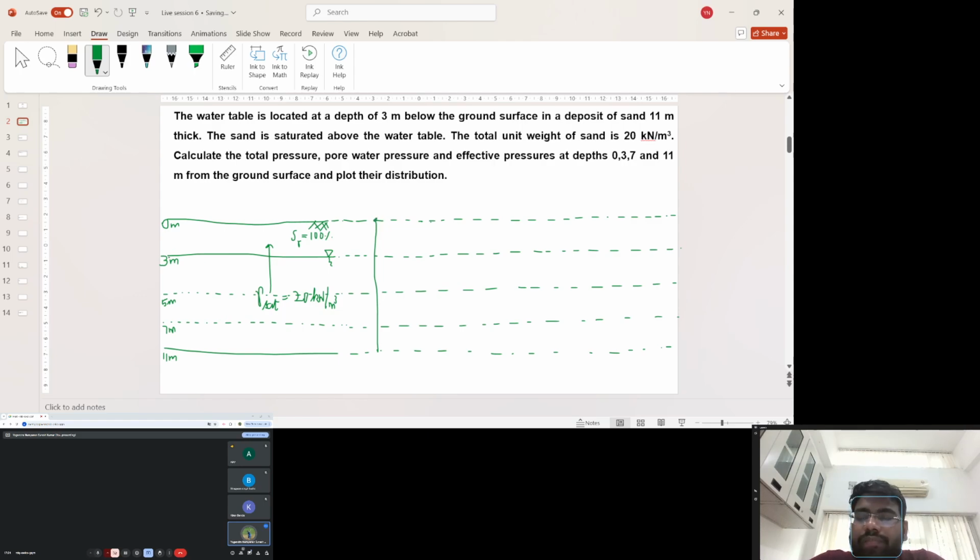At 0, it is 0, right? Now coming to 3, total stress will be gamma sat, which is 20, into 3. It will be 60. The unit is kPa, so that I need not repeat it.